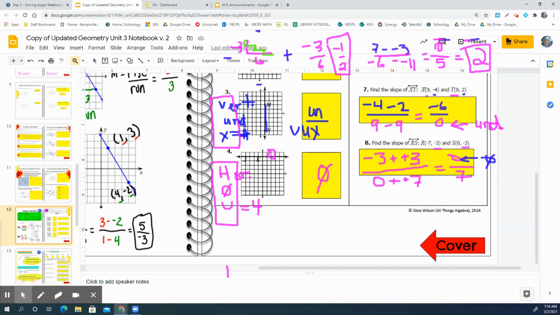So 0 over -7 is still going to be that 0 slope. When you have a 0 slope, depending on which way you do it, the denominator is either going to be positive or negative. Usually it'll be the same number, but you're going to get different signs. But that 0 on the top, because 0 divided by anything, positive or negative, is always going to be 0. That denominator just doesn't matter.